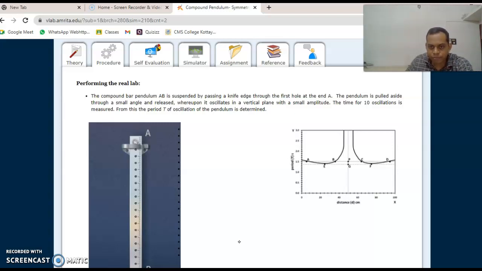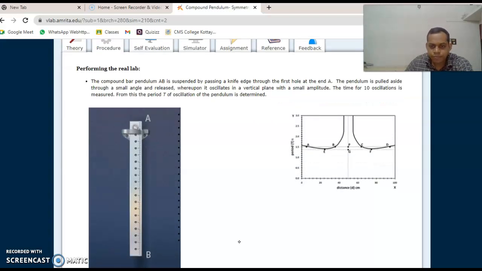The line from the period cuts at A, B, C, D as we have discussed, and here we can see the bar pendulum with equidistant holes, a 1 meter long pendulum. So let's go to the simulator.